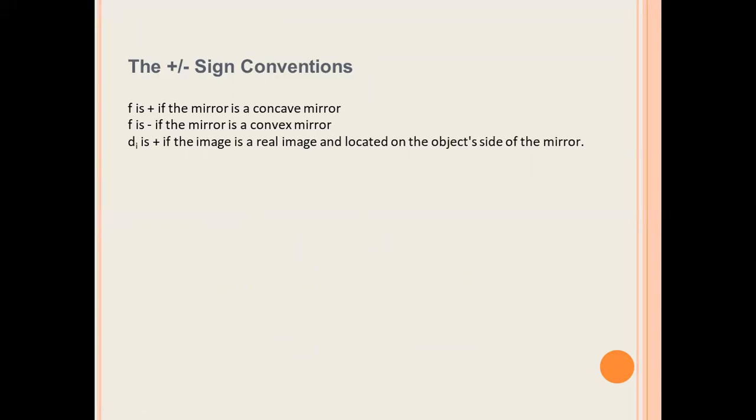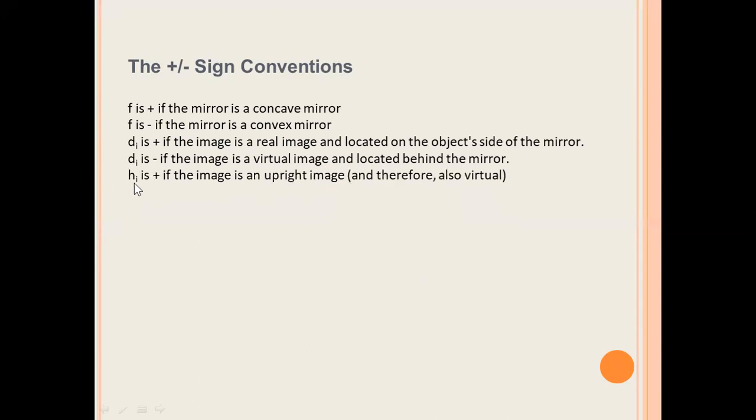On the other hand, if the distance of the image is positive, the image formed is a real image and it is located on the object's side of the mirror. If di, the image distance, is negative, the image formed is a virtual one, and it is located behind the mirror.